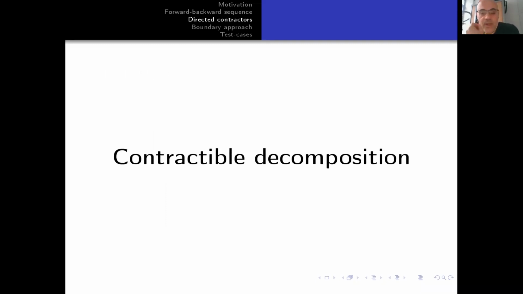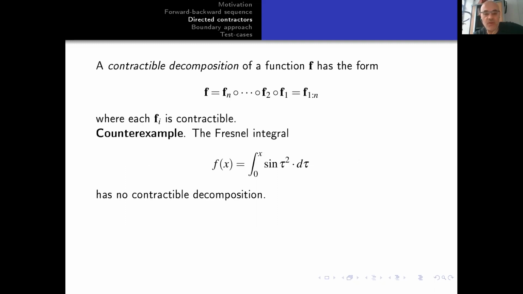So now I will come back to the decomposition and show how any function can be decomposed into a contractible function. So what is a contractible decomposition? It is a composition like this, such that each fi is contractible. So we have a minimal directed contractor for them.